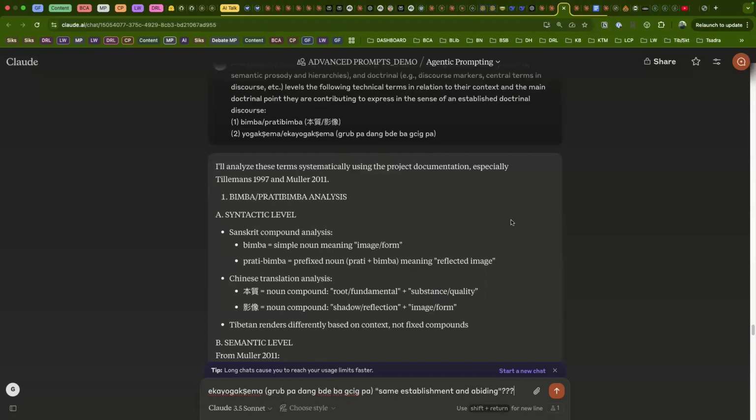And then what we know the term actually means in this very specific context is having the same destiny.